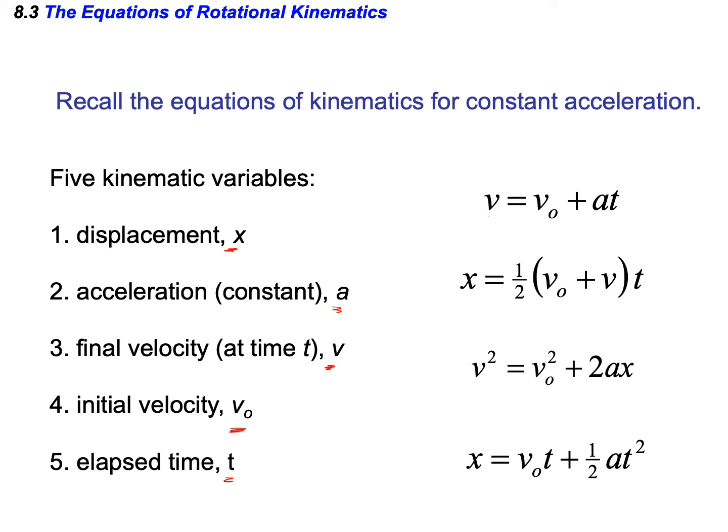So for angular velocity, we use a different notation, and for acceleration, another notation, alpha. We use omega naught, alpha, t, and for angular displacement, we use theta, omega naught plus omega times t.